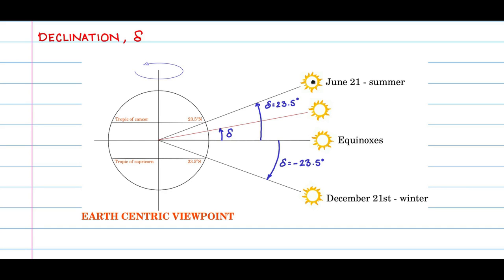So this movement is one cycle. This has a resemblance to a sine wave. If you look at the delta function as a function of the day number over the year from 1 to 365, it has a very close resemblance to the sine wave. So one very good model can be based on this sine function.